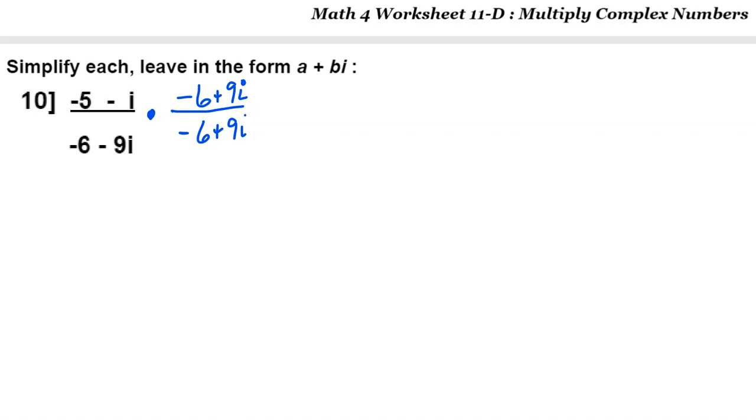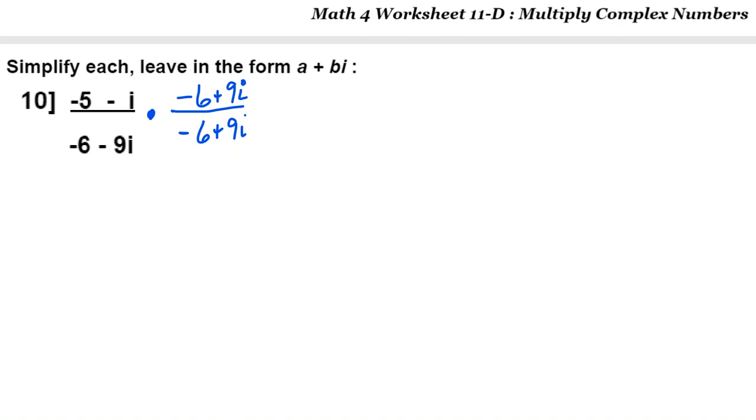Notice that when we had only like a 2i underneath the bottom, we did a 2i and we did a negative 2i because it's like 0 plus 2i, 0 minus 2i. Your real number is never going to be a conjugate in this sense. You know, when we're doing the a minus b, a plus b, that sort of thing, it can be a conjugate. But when we're dealing with complex numbers like this, the conjugate part is always the i.